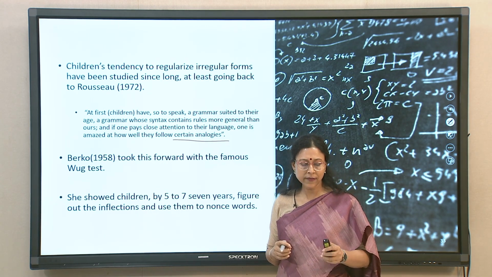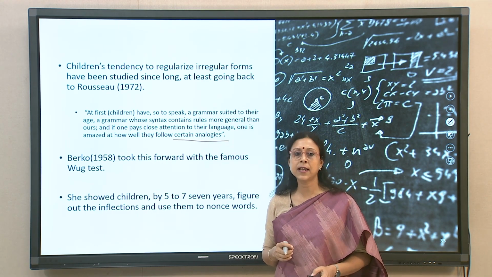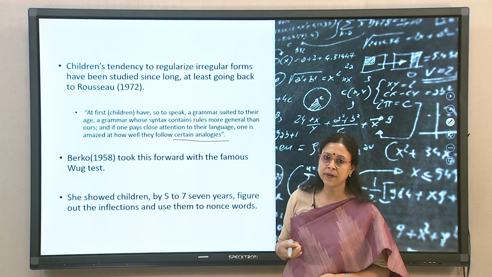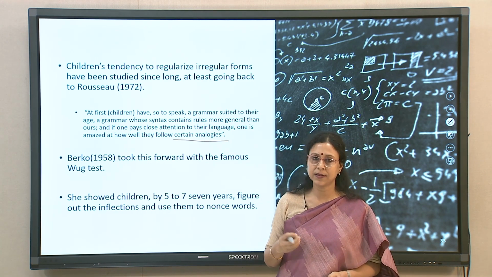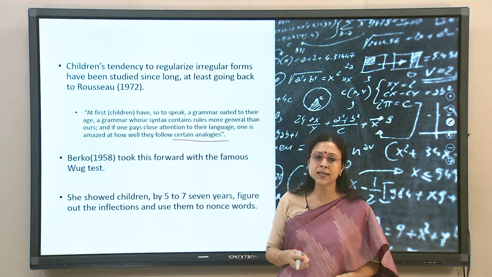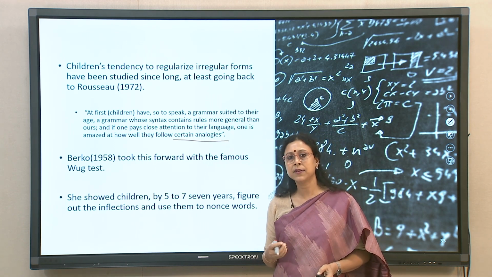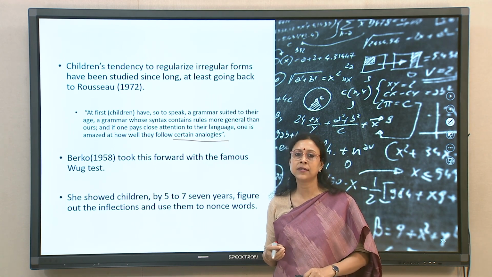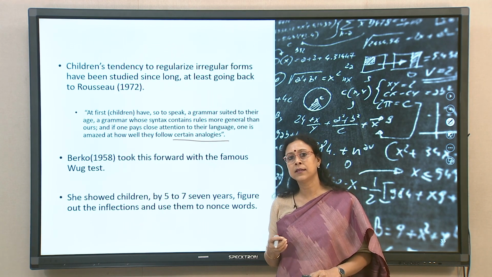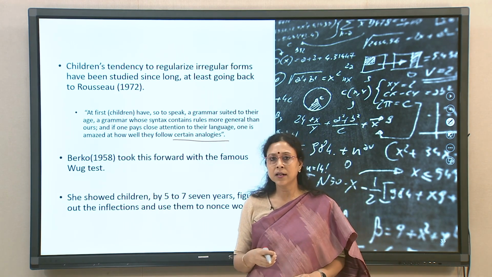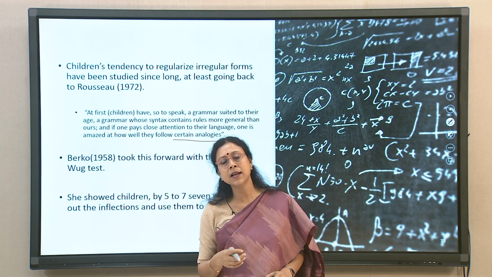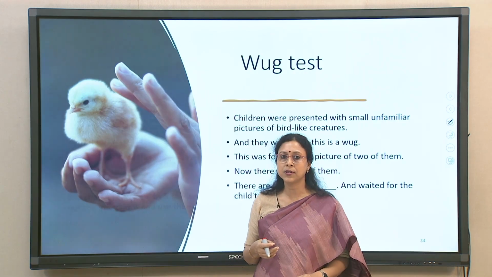This was a very interesting study for the time. She showed children 5 to 7 years of age figures that look like birds, to figure out whether children can use inflections on nonsense words. So, whether the children understand inflections, and if so whether they use them with novel nouns.